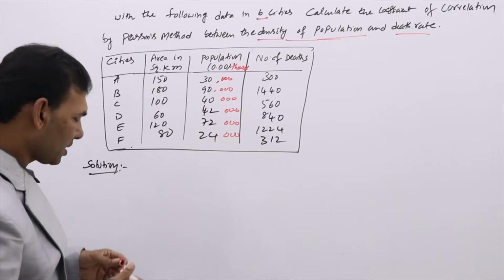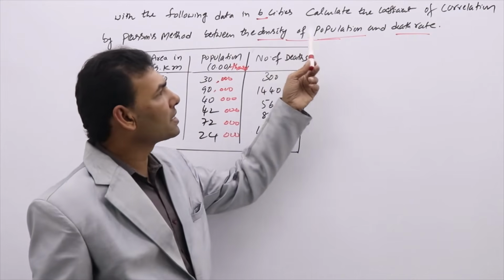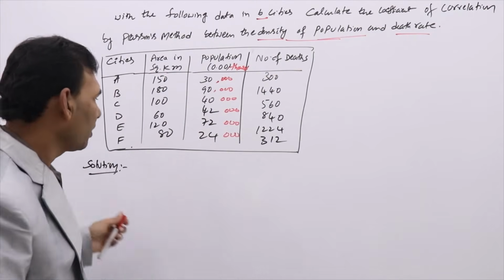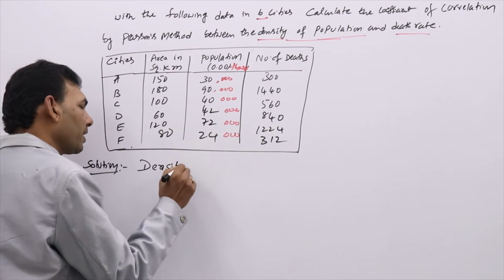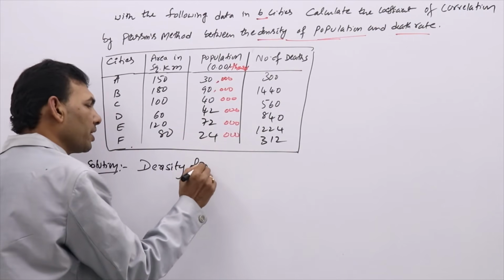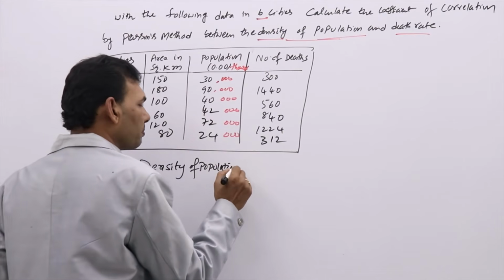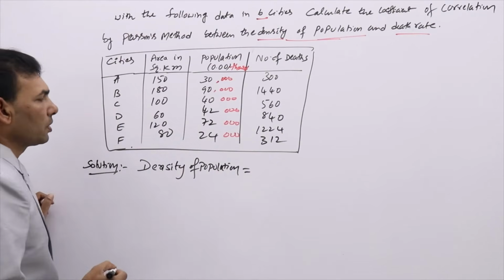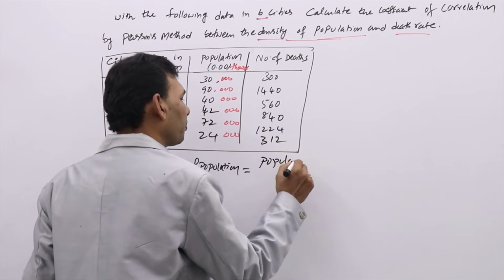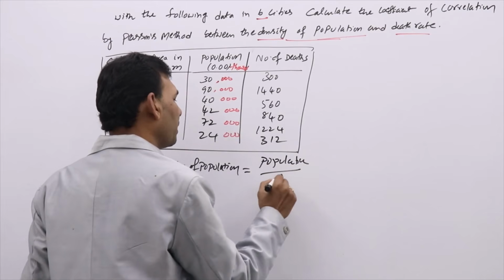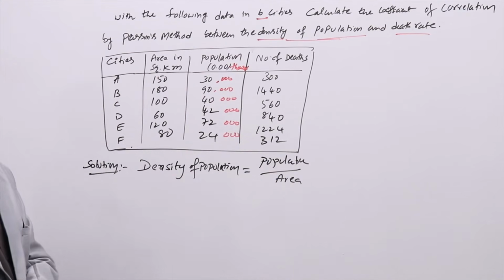The number of deaths is also given. So before finding the relation between density of population and death rate, first of all you need to know the formula to calculate density of population and death rate. Density of population is population by area. 30,000 by 150 you need to do.